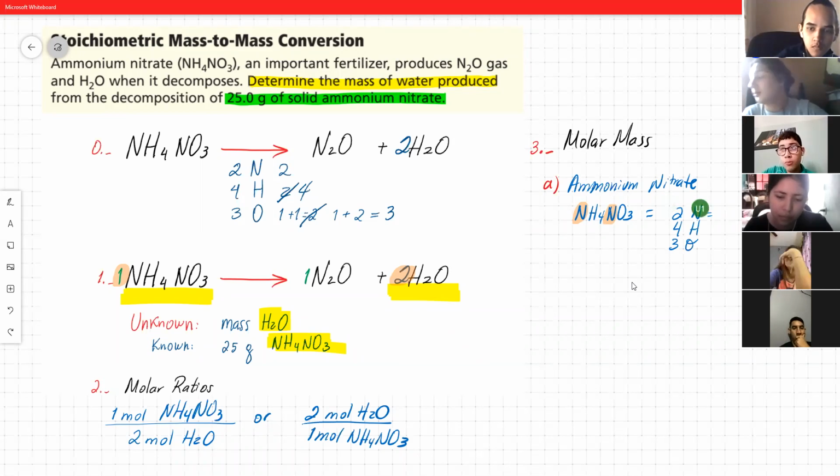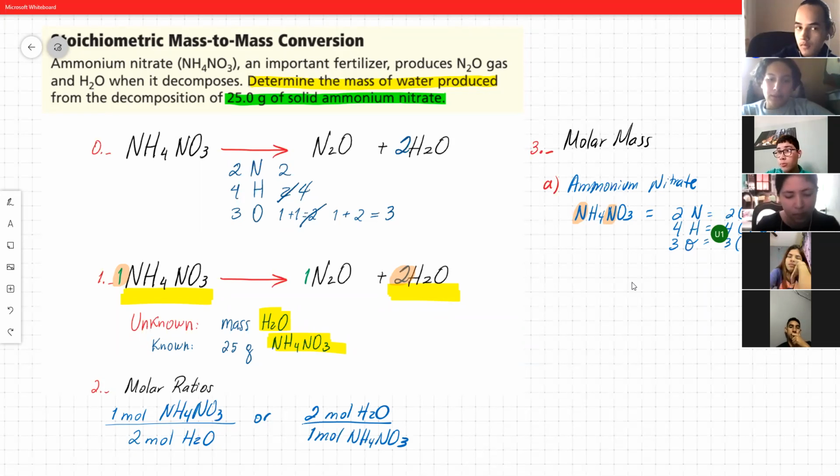Okay, so I'm going to get the easy molar masses. So this is going to be 2 times 14 grams. This is going to be 4 times 1 gram. And this is going to be 3 times 16 grams. Doesn't need to be exact, okay? How much is that? 80 grams.